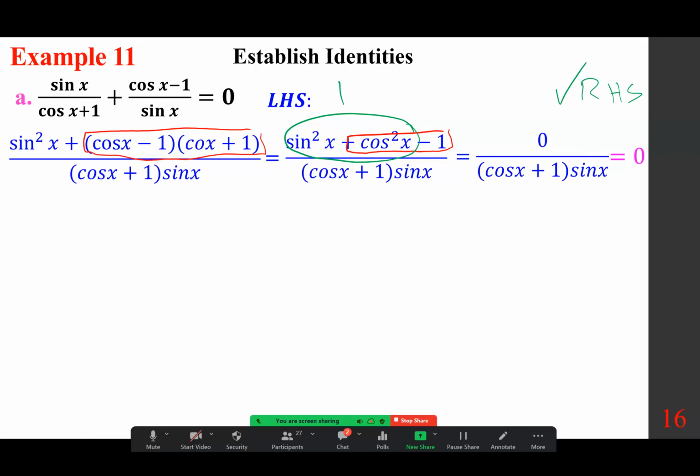So that's very straightforward, everybody. We are moving towards the next question.